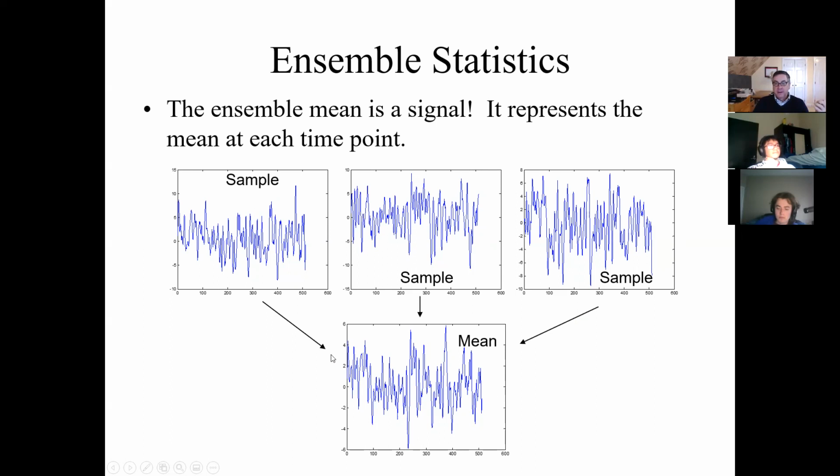By taking these and averaging them together in that way, I get a mean signal, which is probably not a very good estimate of the true mean of this signal, because I probably need a lot more examples to get a really good handle on what is underlying this thing. But that's the distinction. When we take ensemble statistics, we get signals because we have statistics for every time point now.